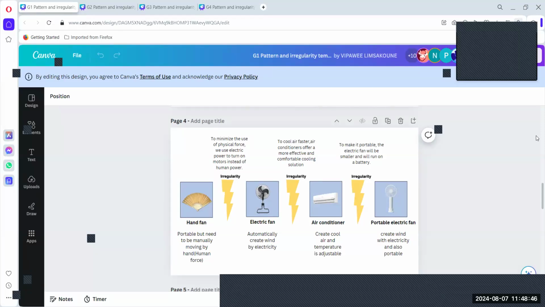The air conditioner creates cool air, and the temperature is also adjustable, but it is hard to carry around and bring outside. So they decided to make a portable electric fan. It can run on battery, using electricity to run the motors, and it's also portable. So this could be the solution.